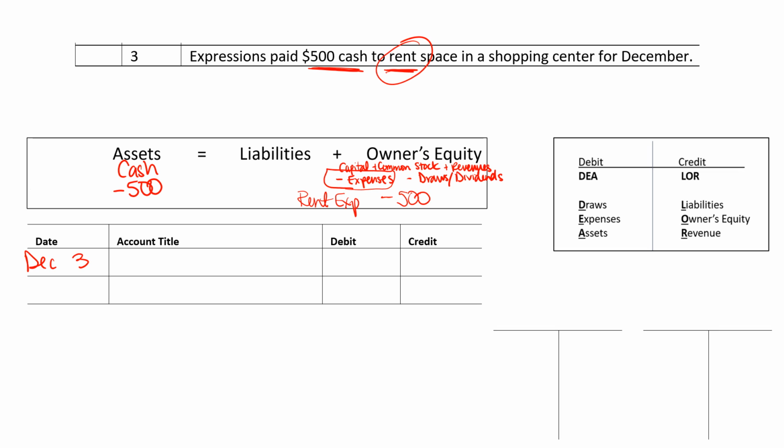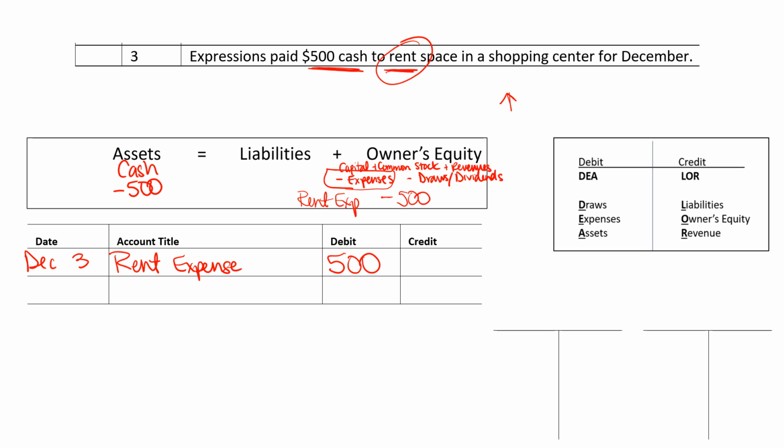So let me talk about just for a minute the relationship between expenses and owner's equity. When we record an expense, we record it as a positive number. So I'll just go ahead and tell you, when we debit rent expense, it's recorded as a positive $500 because we're showing the accumulation of expenses over time.